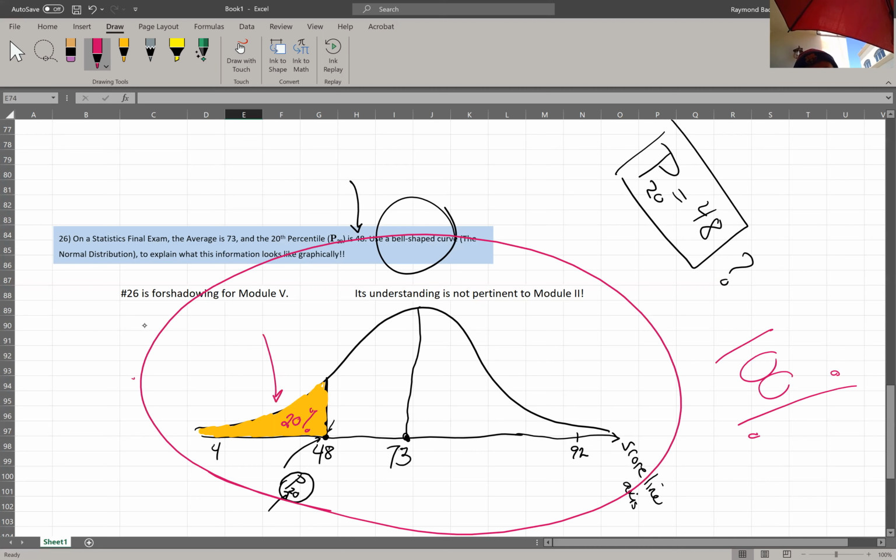So if the bottom tail is 20%, and somebody asks what percentage of students got grades above 48, the whole thing is 100, this is 20, so this part is 80. So 80% of my students got grades above 48. Above in a normal distribution is always to the right, and below is always to the left. And that's number 26.